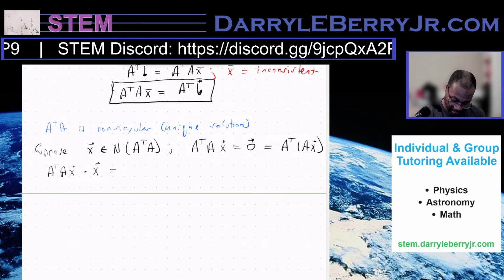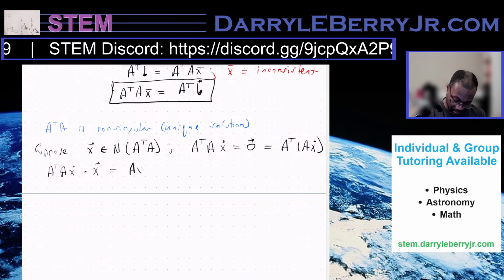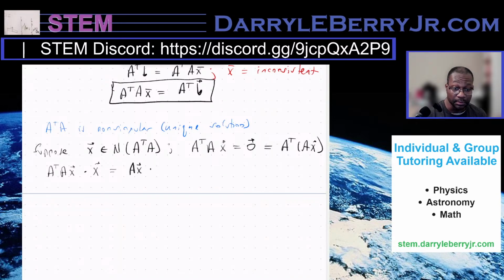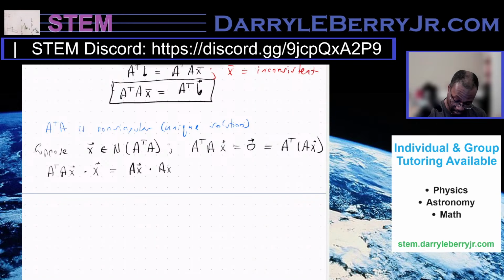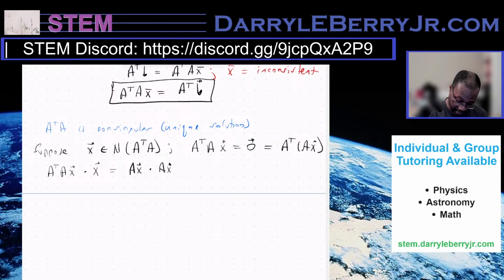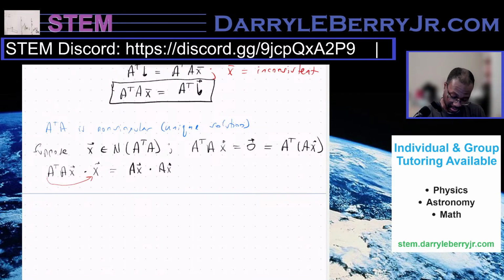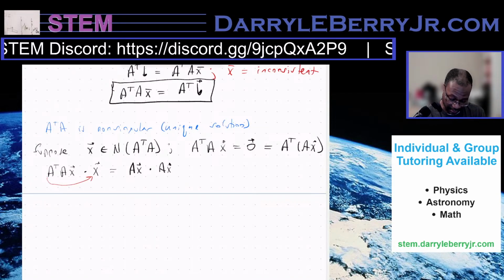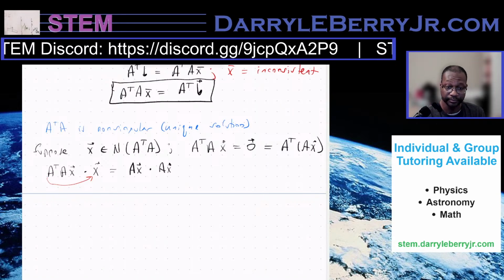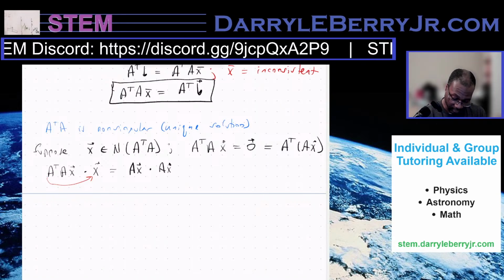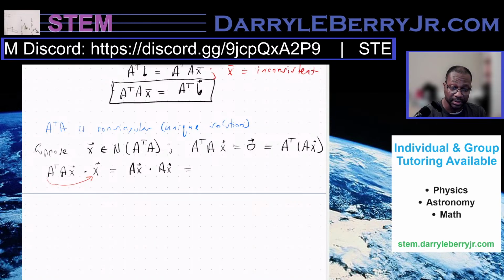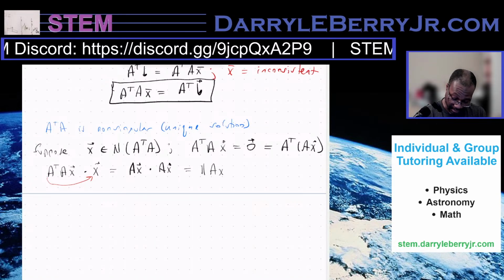So when I bring this A transpose across the dot product, it becomes A, not transpose, in order for them to be equal. So that equals the magnitude of AX.